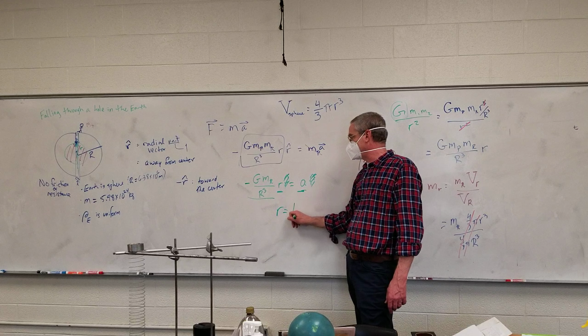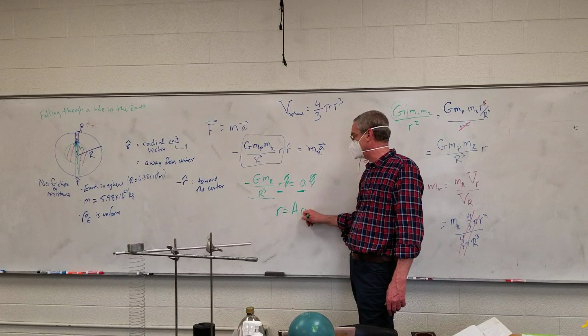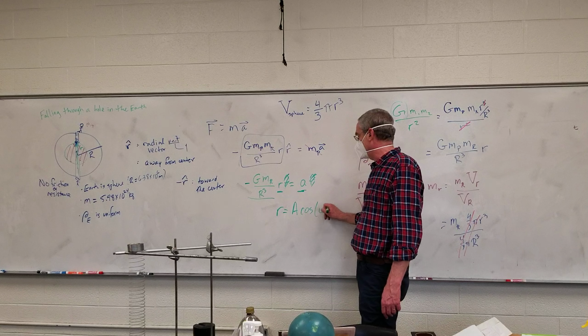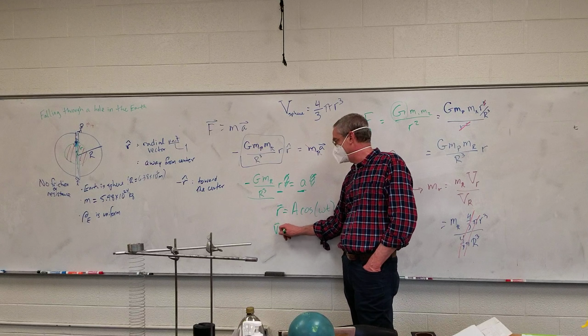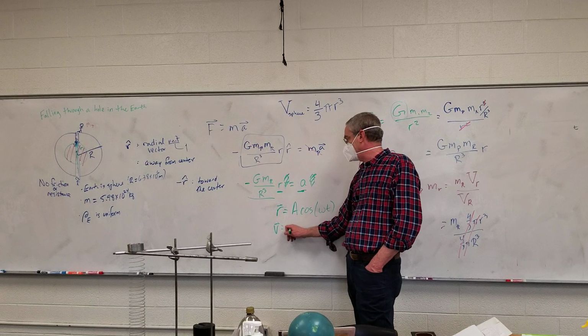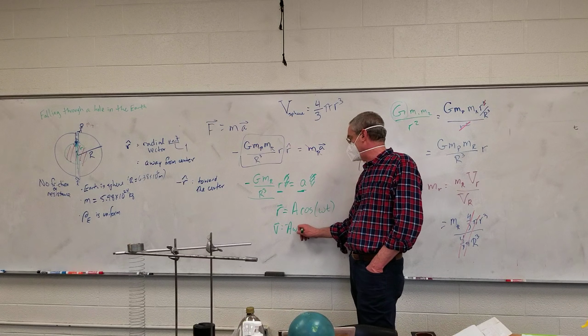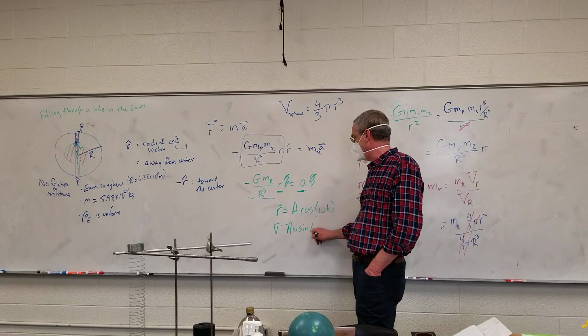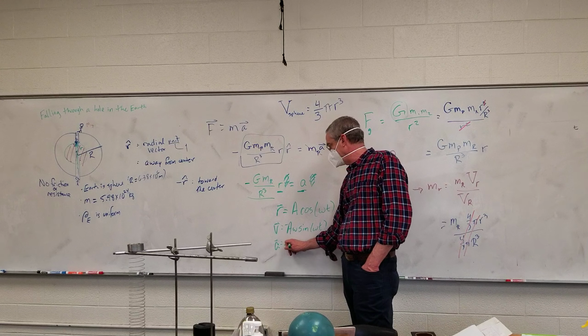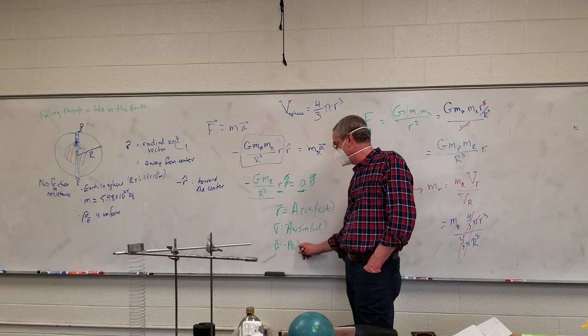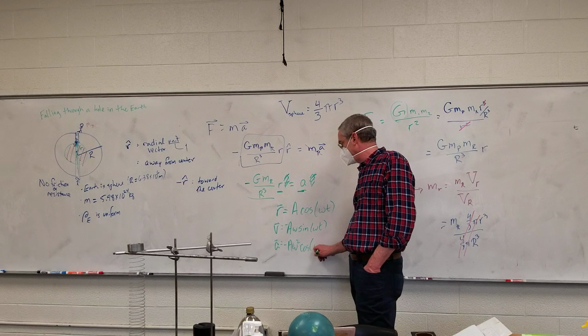So if r is equal to some amplitude A times the cosine of omega t, then his velocity would be negative A omega sine omega t, and his acceleration would be negative A omega squared cosine omega t.